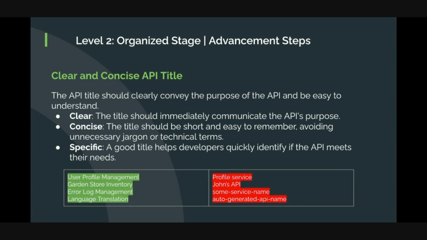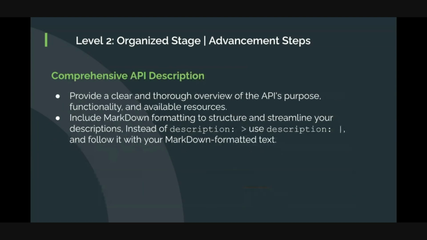So, for example, the title should clearly indicate the API's functionality, making the title easy to understand and remember. So don't use a title which is too generic, not descriptive enough, or relies on internal jargon that might not be understandable to external users. For the comprehensive API description, maybe you should start with a high-level overview of the API's purpose to help developers quickly gauge its relevance to their needs.